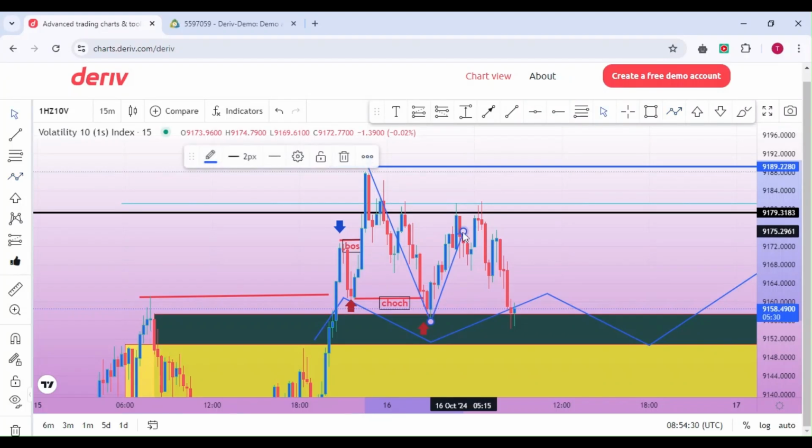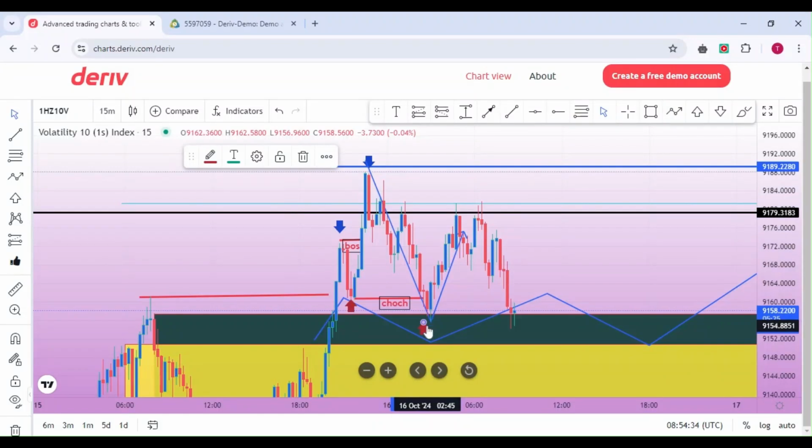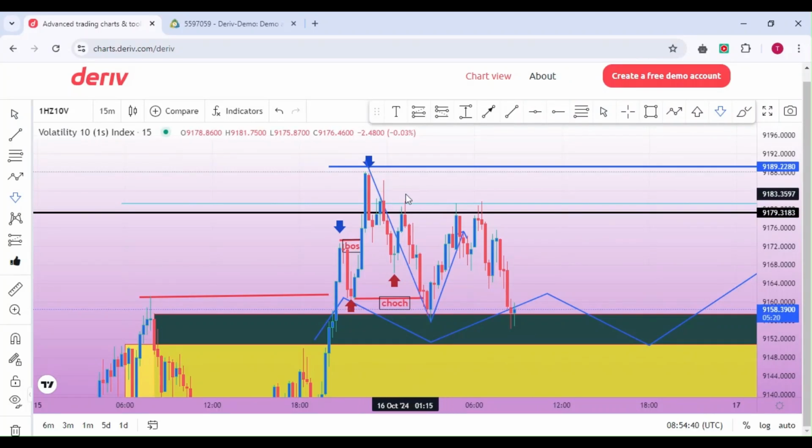So before we move to the higher low, the lower low, this becomes our lower low, and then higher low, then lower low, and then higher low.